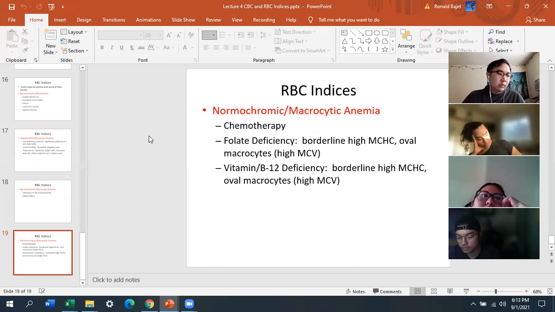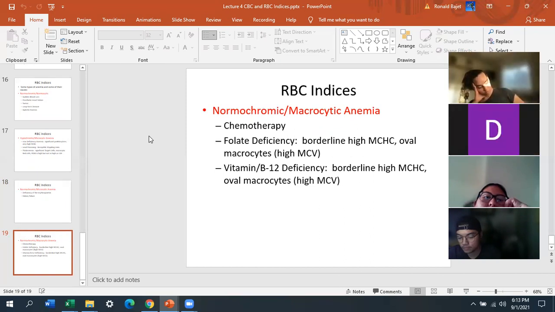That's legal. And you look at the smear, you see big cells. With folic acid deficiency, you're going to have a borderline high MCHC. You're going to see oval macrocytes and a high MCV. Vitamin B12 deficiency, you will also see a borderline high MCHC, oval macrocytes, and a high MCV.